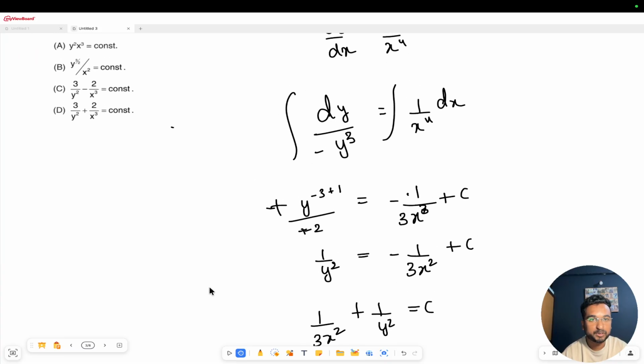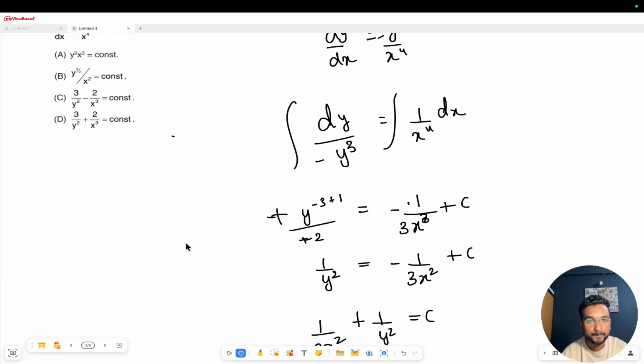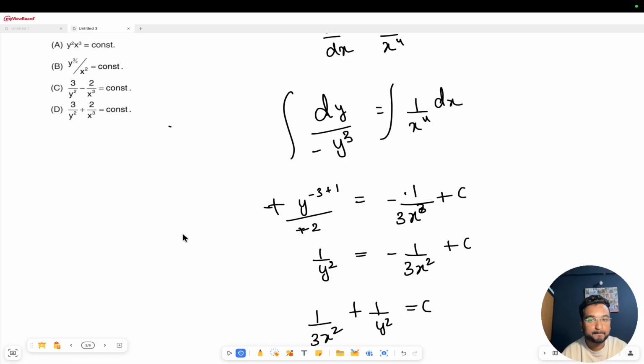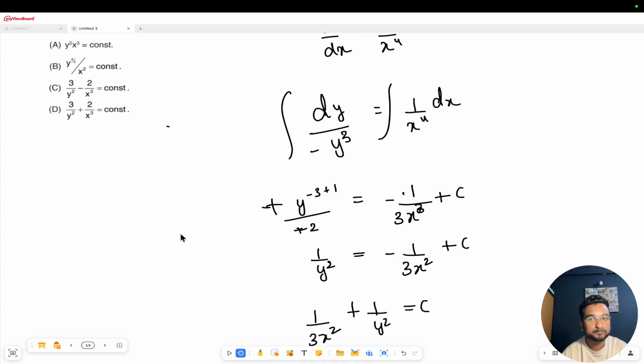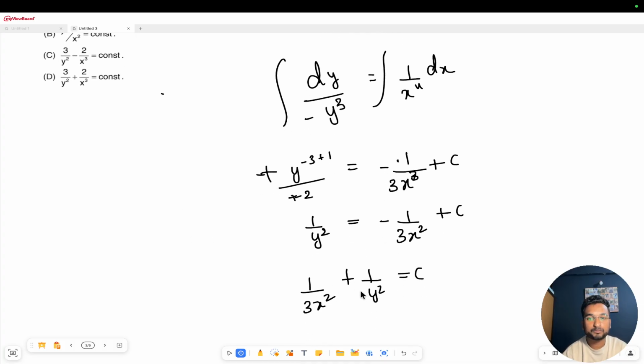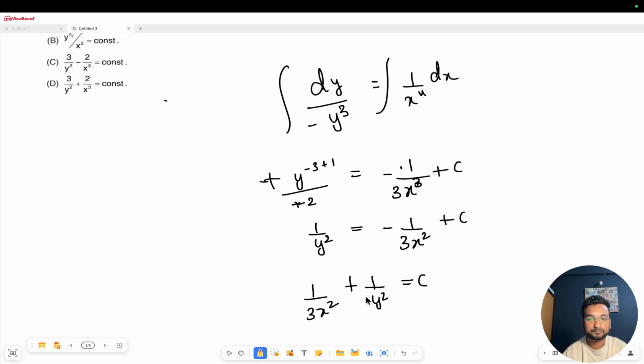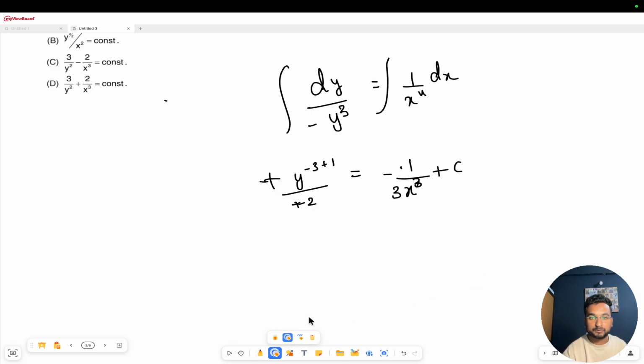So in which option is it there? Nowhere. I have missed a 2. It is 2 here. Okay. Wait. Here we can solve this. Here only we can solve this question.